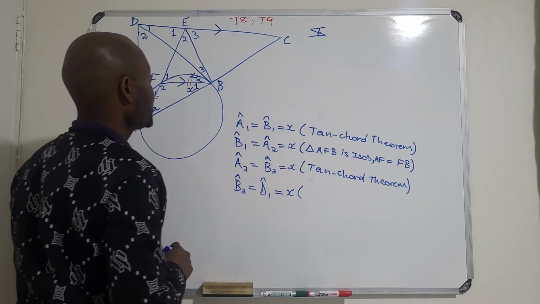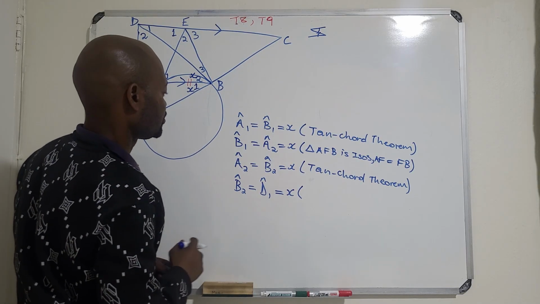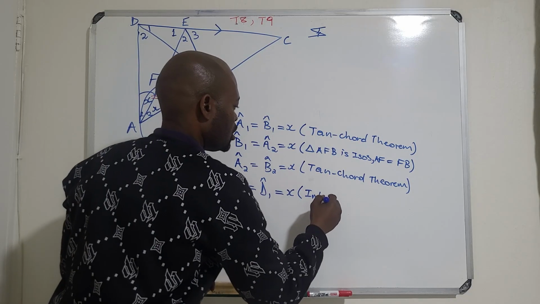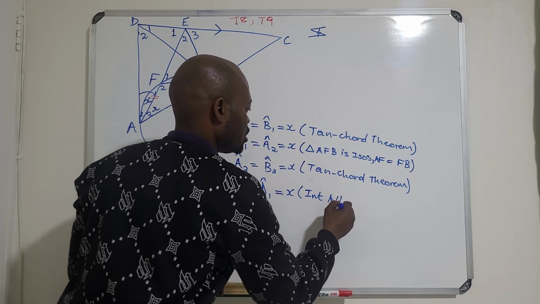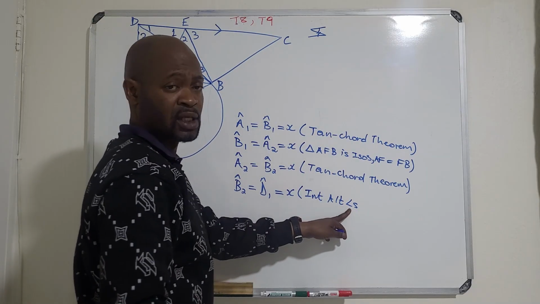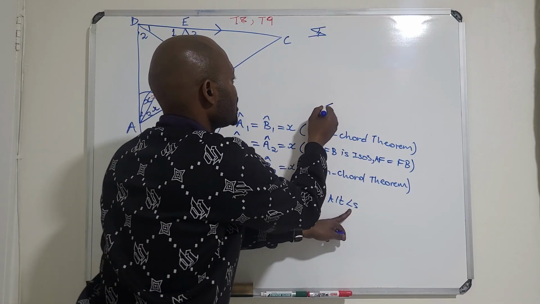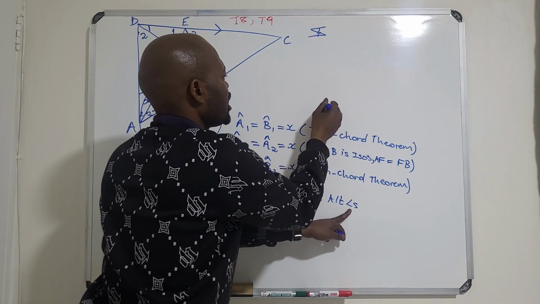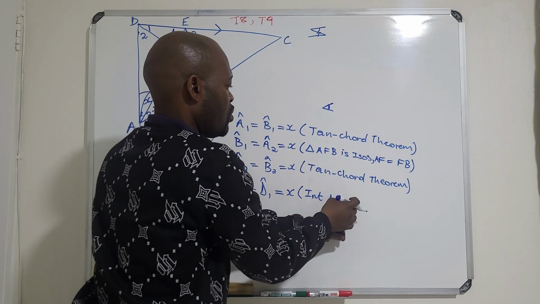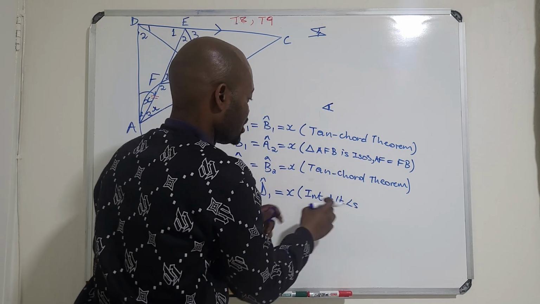Now, the reason here, we have just said it: interior alternate angles. And this is not an L. I want us to be clear on that. This is just an angle, just something that shows an angle. Therefore, this is not an L, but it's an angle.